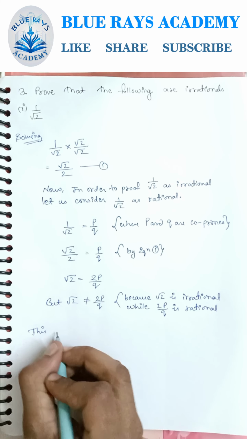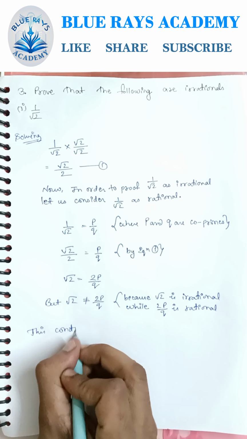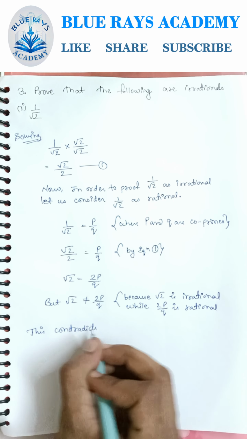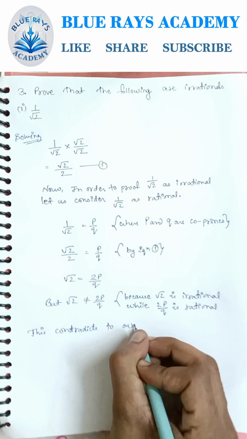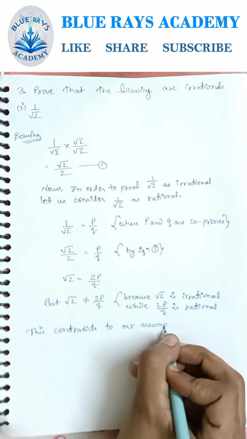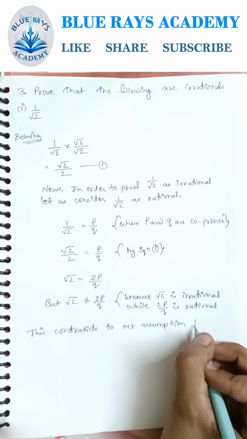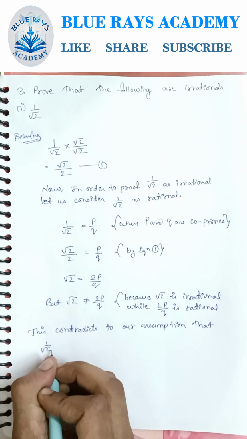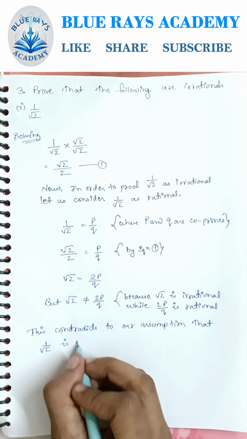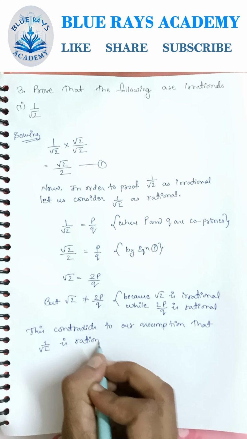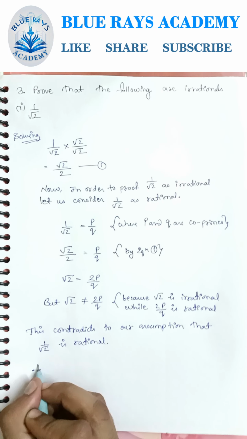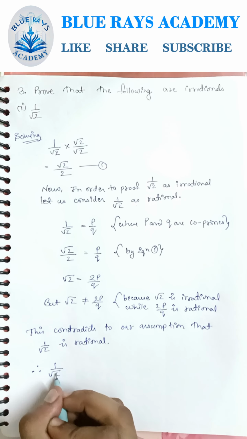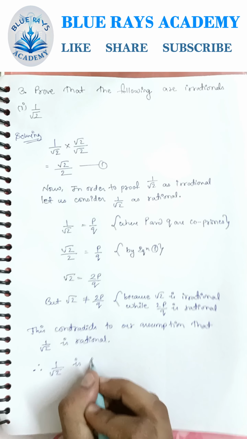This contradicts our assumption that 1 upon root 2 is rational. Therefore, 1 upon root 2 is irrational.